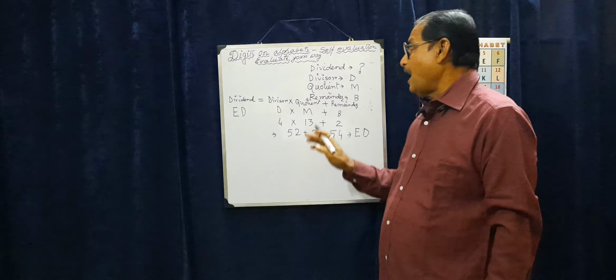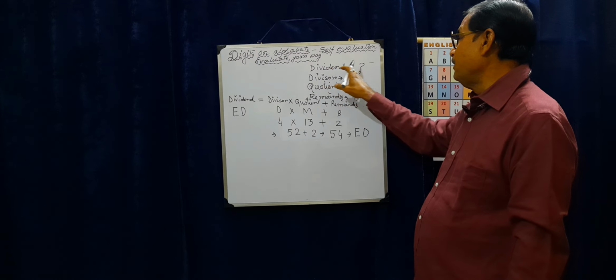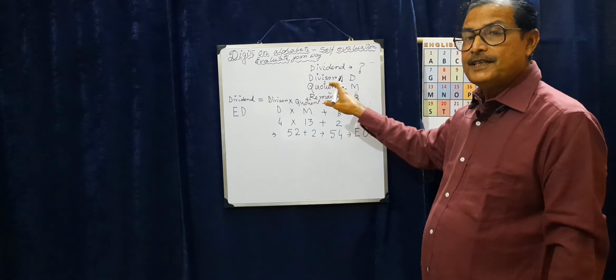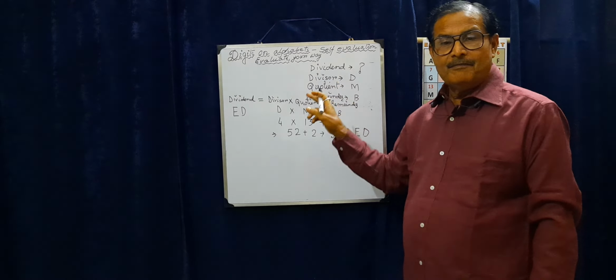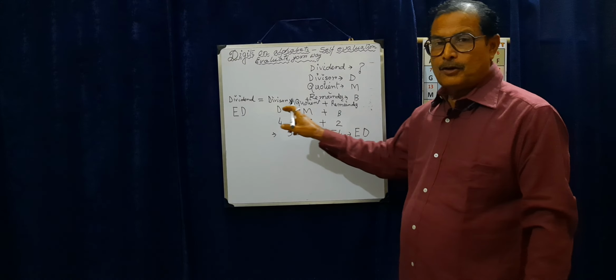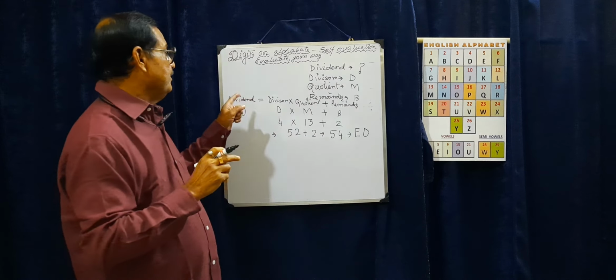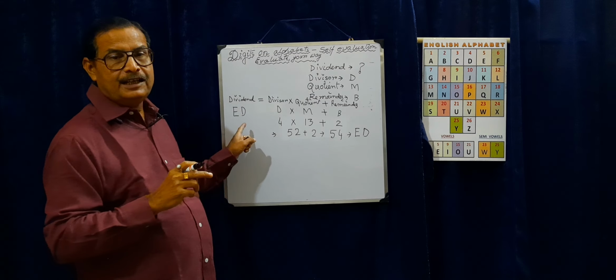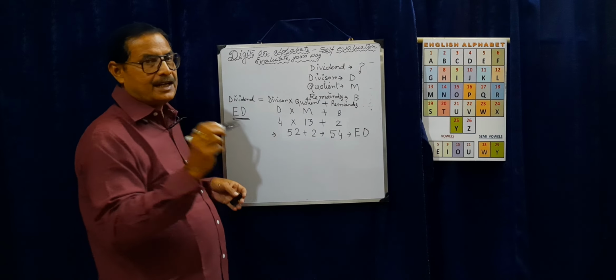I put the question, what will be the dividend where the divisor is D, quotient is M and remainder is B? So after working it out, the dividend is ED. Just remember it.